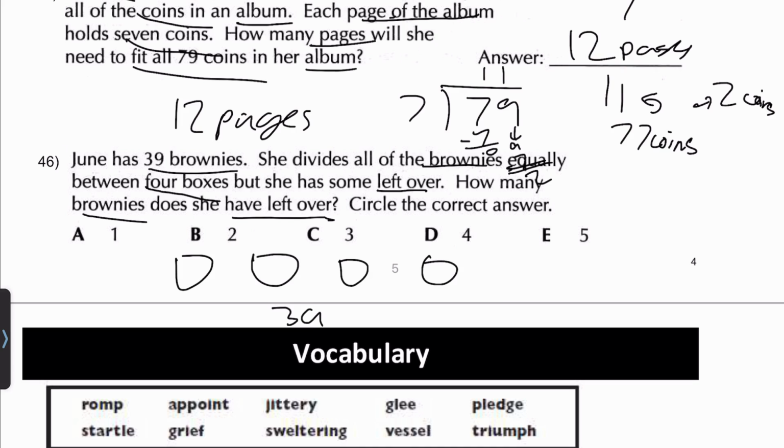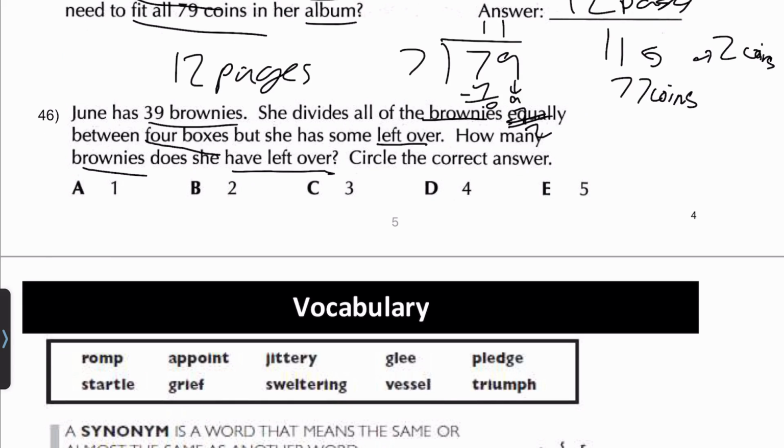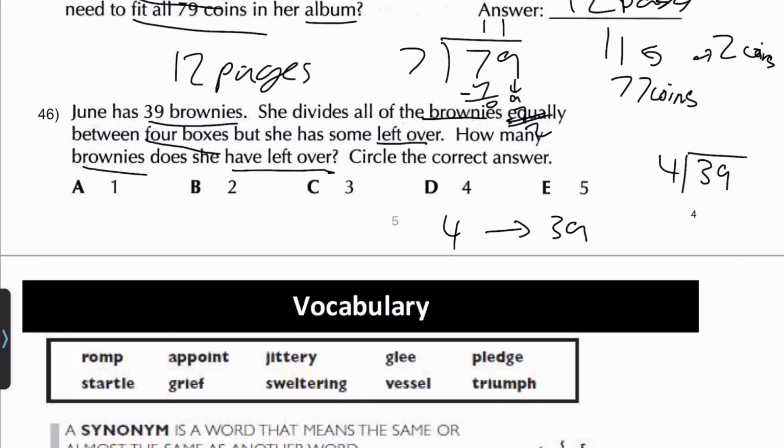What you can do is put in 1, 1, 1, 1, 2, 2, 2, 2, and you can keep doing that until you get to 39. But obviously it's quicker to just do how many times does 4 go into 39. And that's the same as asking 39 divided by 4.